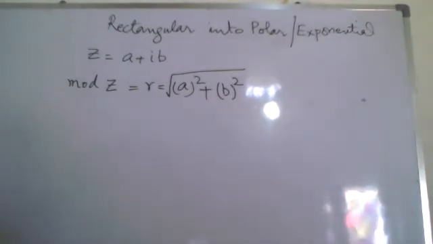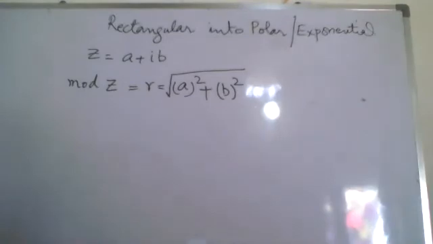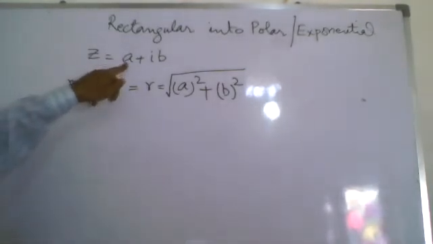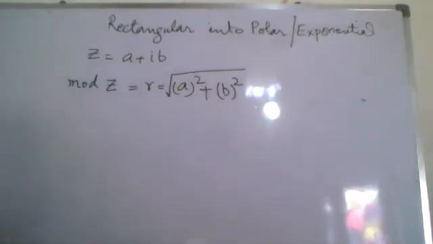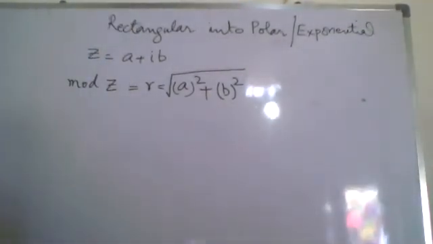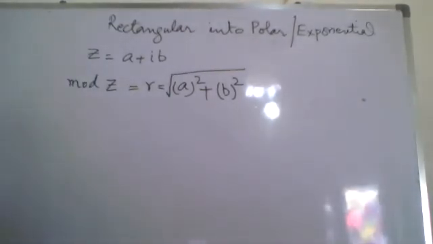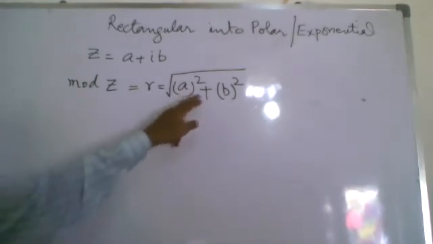How will you draw the imaginary number? r is the real number. So you have to add a square and b square only, not iota. Again and again I am telling you, you will take the square of a and b, not iota. a and b may be negative, but when you take the square, they will become positive.